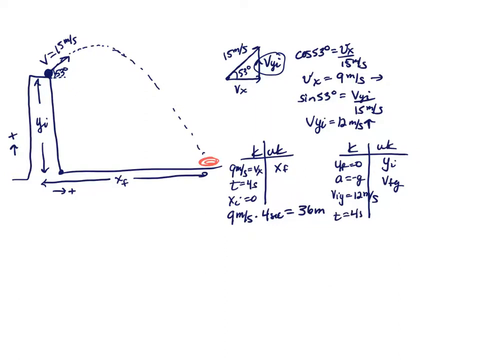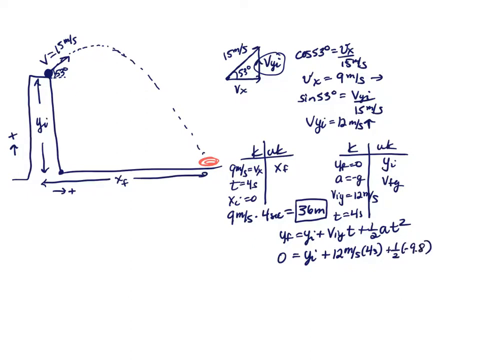So again, I can use equation number 2 from the big 3, y final equals y initial plus v initial y t plus 1/2 a t squared. 0 equals y initial plus, now this isn't 0, I gotta be careful, 12 meters per second times 4 seconds plus 1/2 times negative 9.8 times 4 seconds squared. And I work all of that out and I get that y initial is 30.4 meters. Okay, so now I know how high to make my platform and how far to put my target.